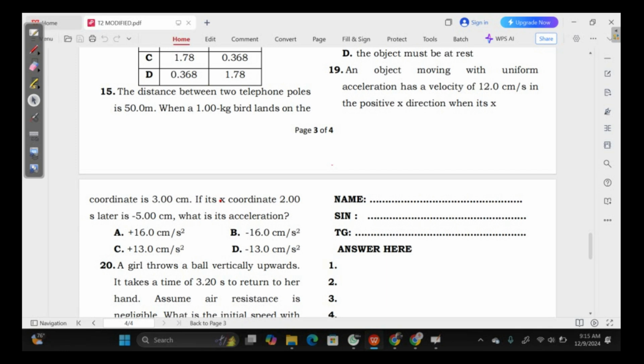An object moving with uniform acceleration, the acceleration is not changing. It has got 12 centimeters per second when the distance was 3 centimeters. Then it changed the direction. So they're saying if its x coordinate 3 seconds later is negative 5 centimeters, what is the acceleration?